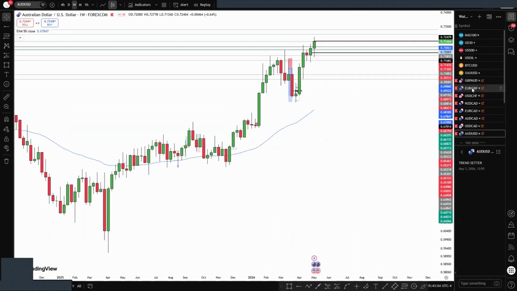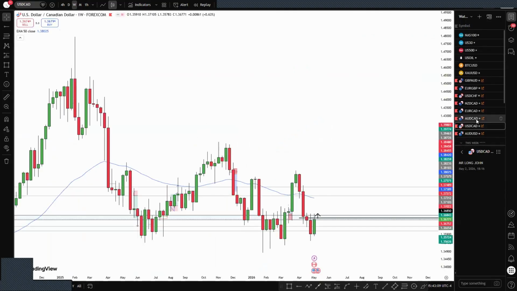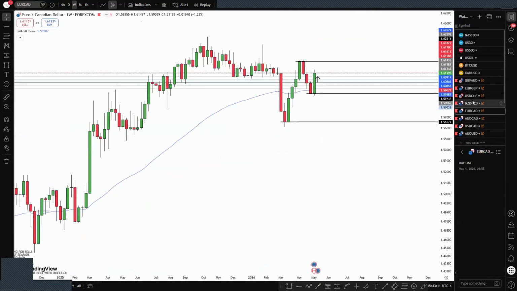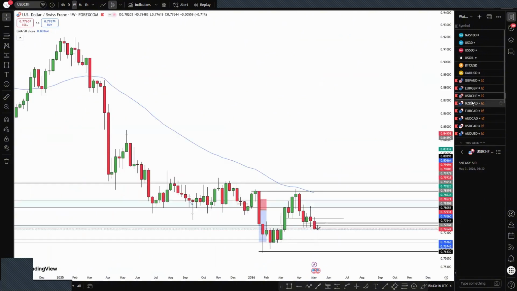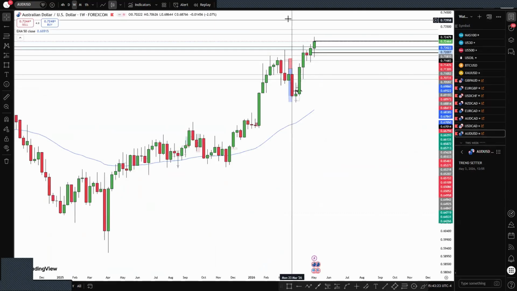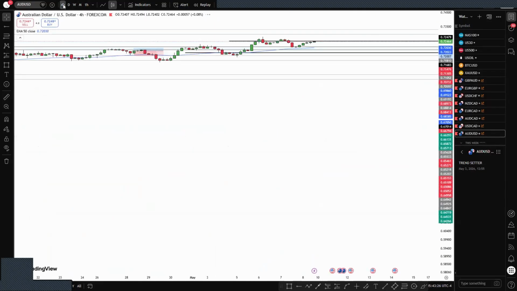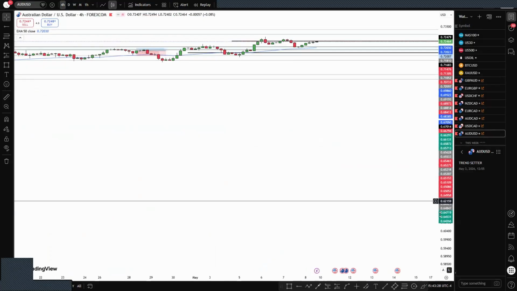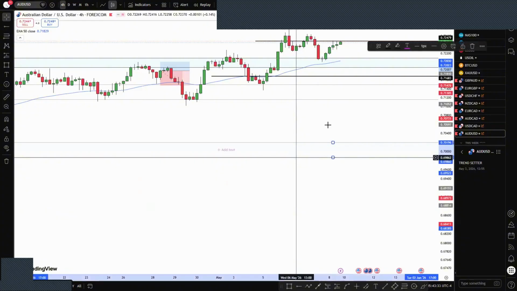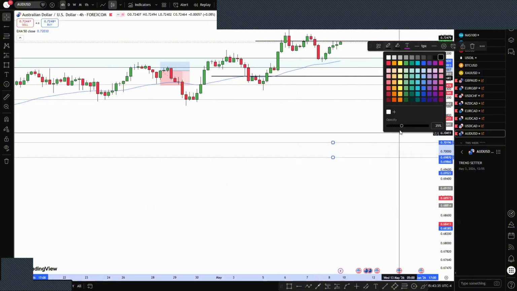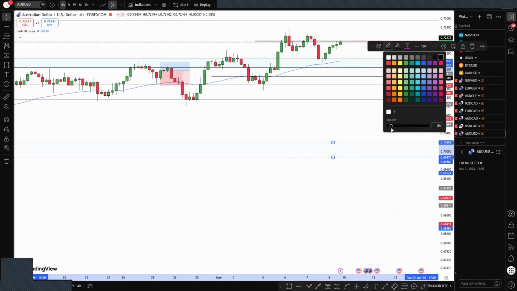But for now, we only have this one, and I think I only have the CAD pairs and the Euro CHF, and I might just pick one of these CAD pairs. So I might have only 5 pairs to trade with next week, and then see if we can get anything from there. So anyway, I'll update you guys nicely on the other time we discuss these pairs.